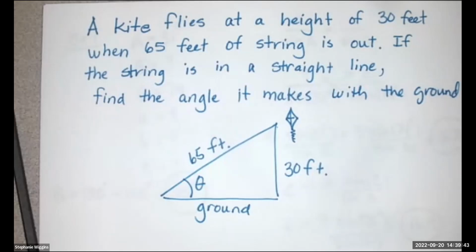And if you want to compare notes, see if you get the right answer. Yes, exactly. So you're going to take sine of theta equal to opposite over hypotenuse, and then you're going to have to use the inverse function to find theta. You're going to take sine inverse of both sides, right?